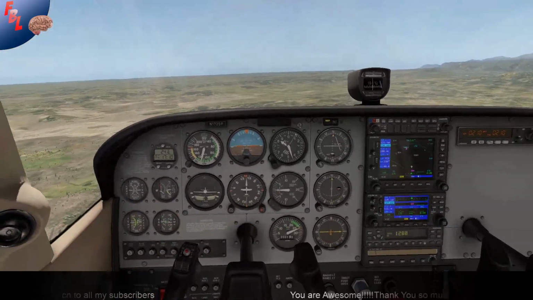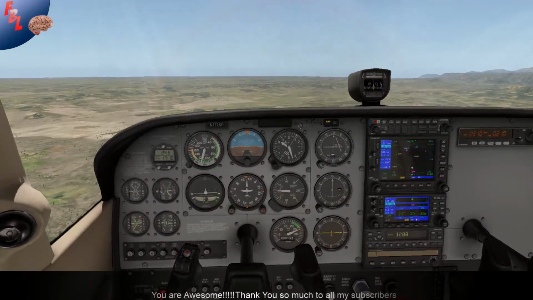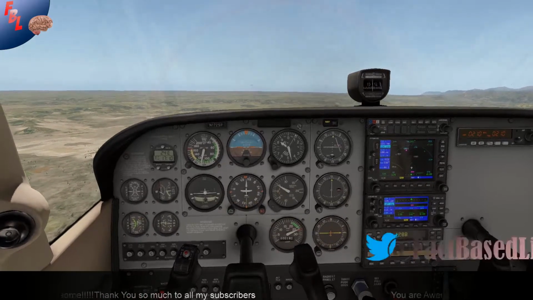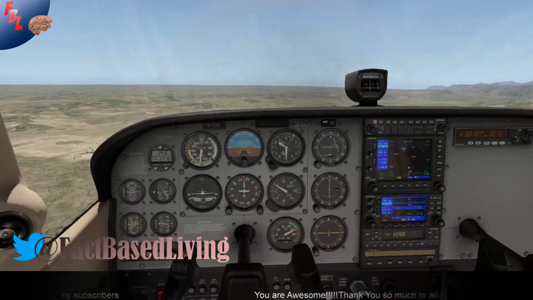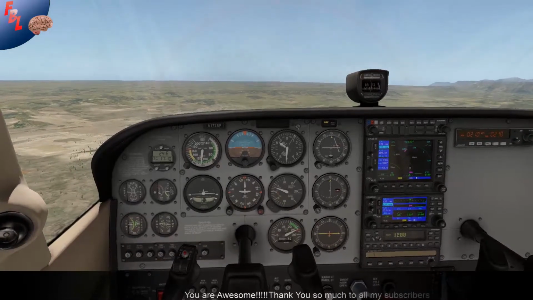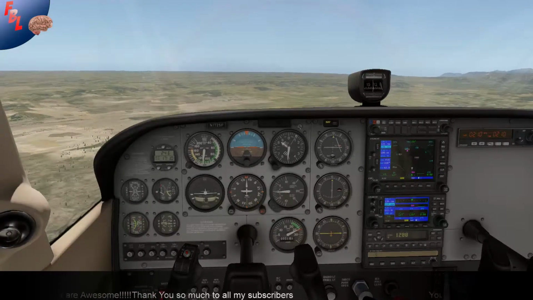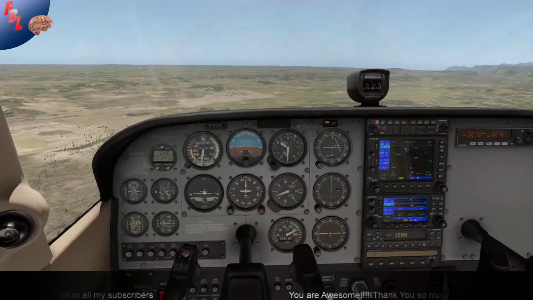So here we go. Move us back to the left a little bit, and I'm going to put us into a gentle 500-foot climb. I'm not going to mess with the throttle, but now watch. So now we've already started to fall, and as we fall, our airspeed starts to go up.